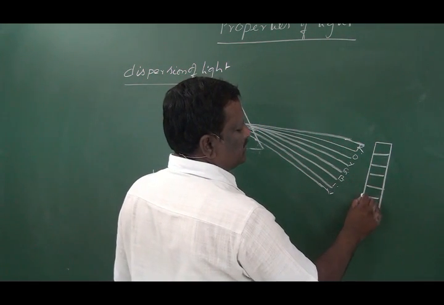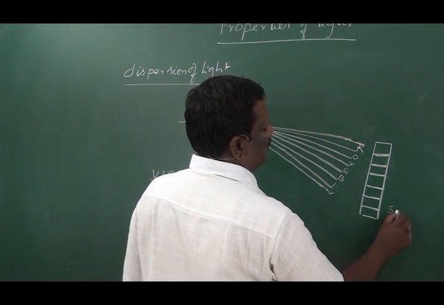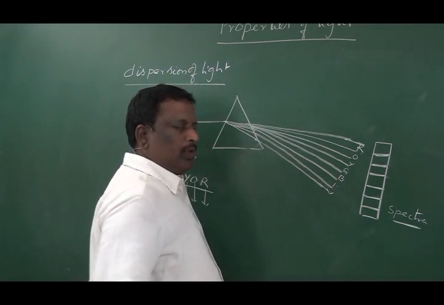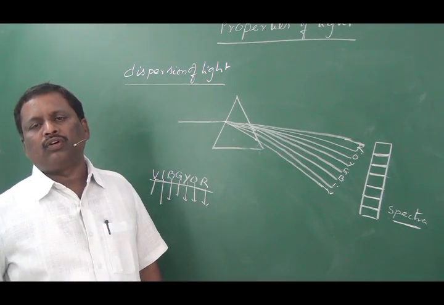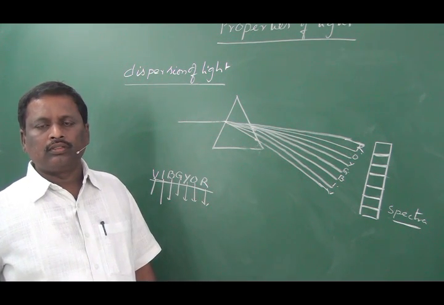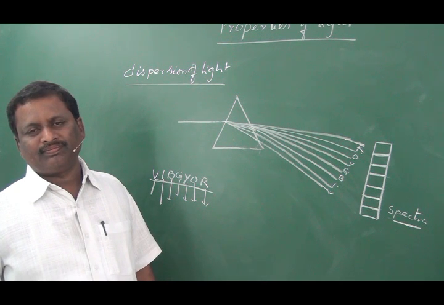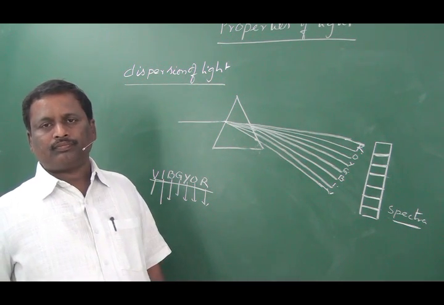These lines are said to be spectra, and each line stands for a specific wavelength. So that is spectra.